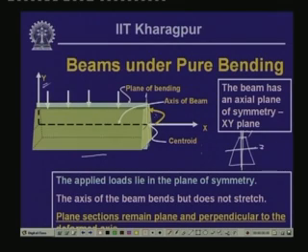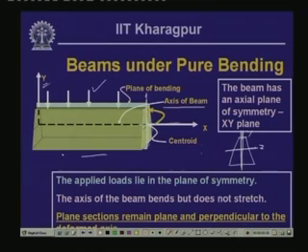Now, this is the centroid of this particular section, and the axis which we draw along the centroid, we call that the axis of the beam. Also, through this plane, along the y axis, if we pass the plane, along this particular plane the load acts, and also the bending acts in the beam there in the vertical plane.